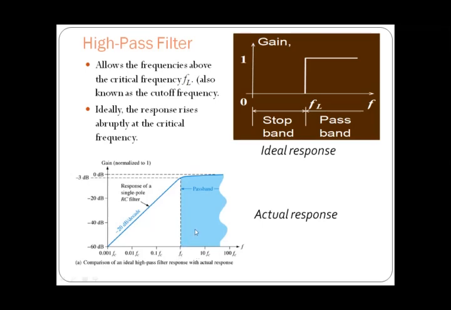Then we can say that this circuit is going to act as a high pass filter. It is allowing the higher frequencies above the cutoff frequency and rejecting all the low frequency signals that are below the cutoff frequency.